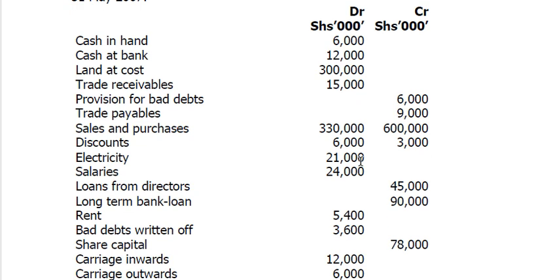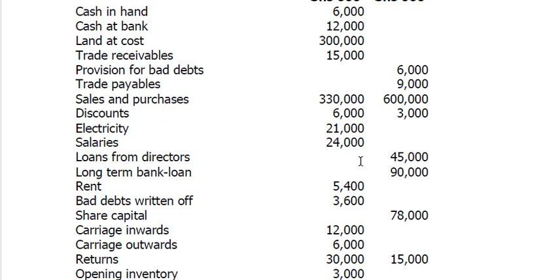Electricity, salaries, loans from directors, long-term bank loan, rent, bad debts written off, share capital, carriage inwards, carriage outwards. Then we also have the returns. But remember, when it comes to the returns, we have what we call the return inwards and the return outwards.